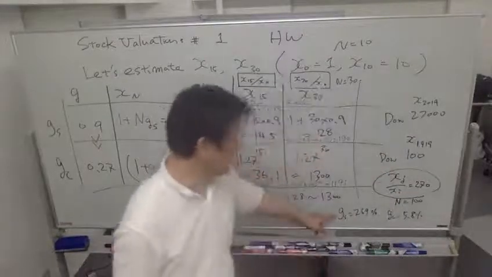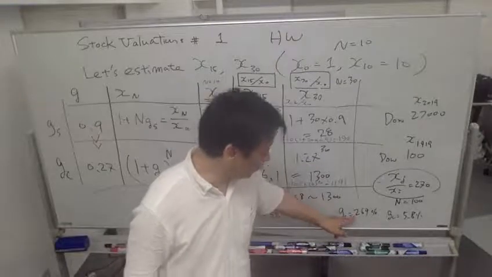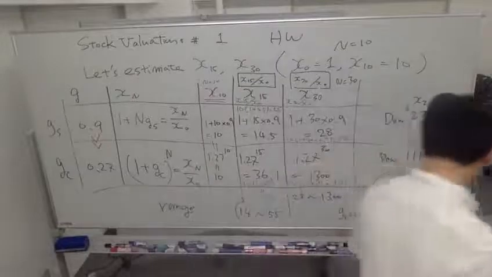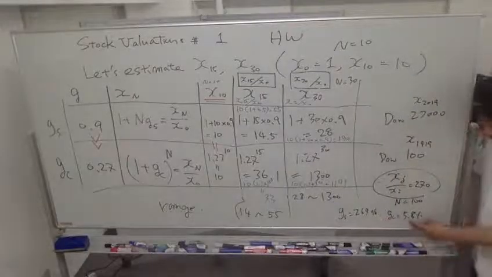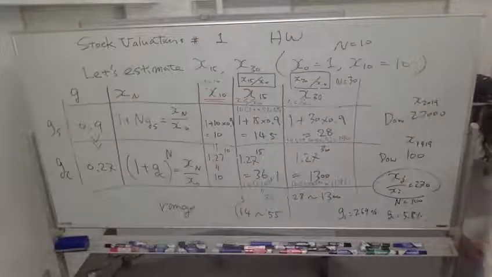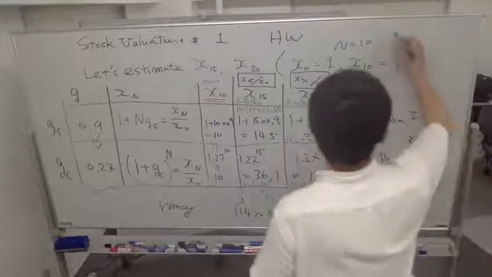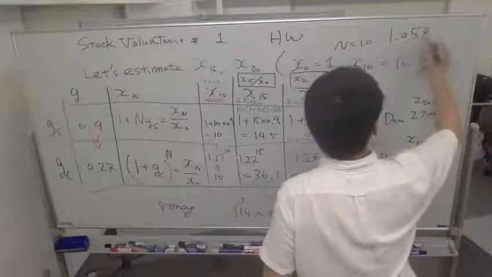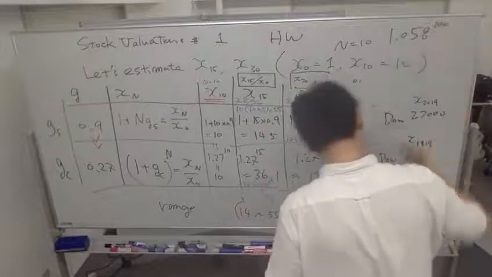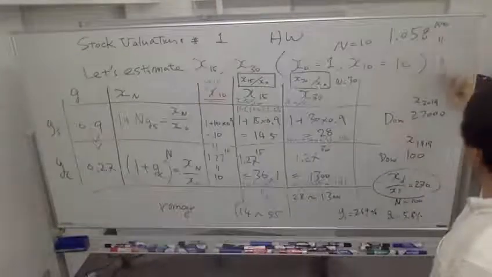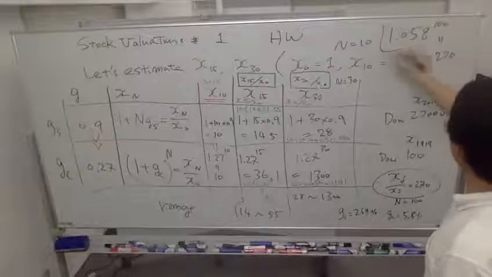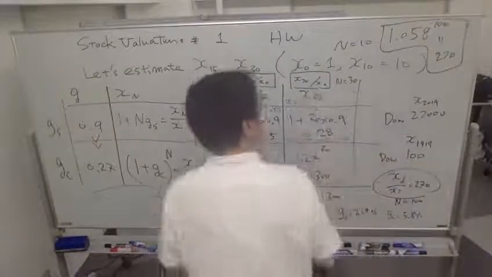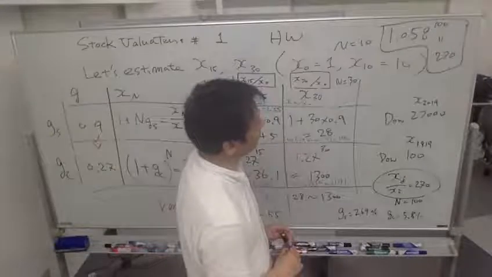Calculate GS, resulting in 269%. On the other hand, G compound is only 5.8%. In other words, 1.058 to the 100th power is 270. This is compound power, right?